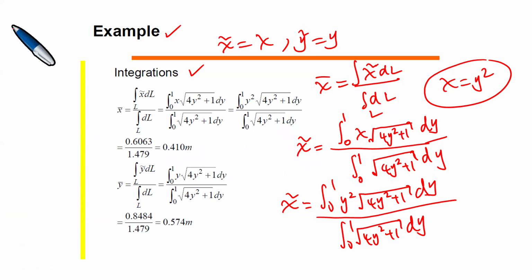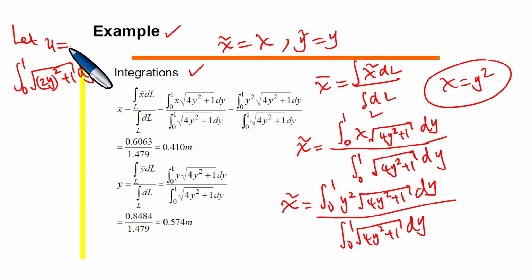In the denominator, you can write it as the integral from 0 to 1 of the square root of 2y squared plus 1 dy. So you let u be 2y, and then du is 2 dy, something like this.